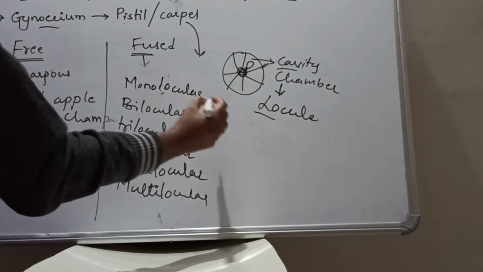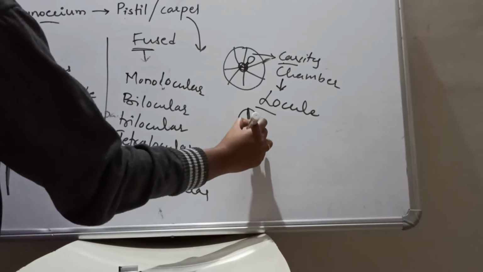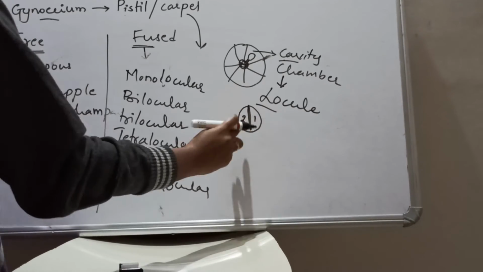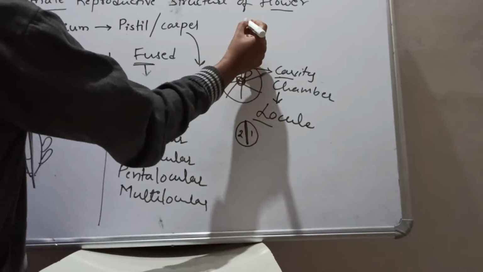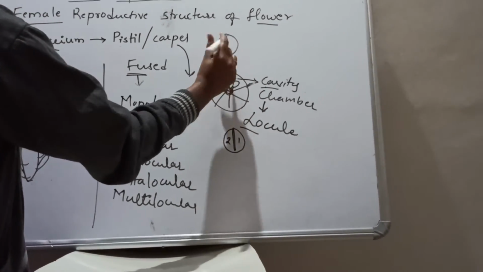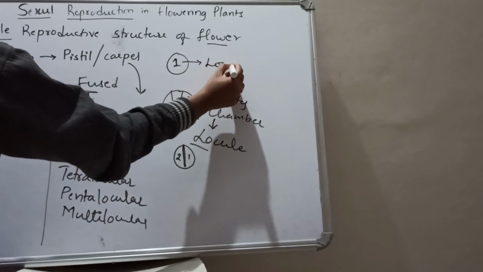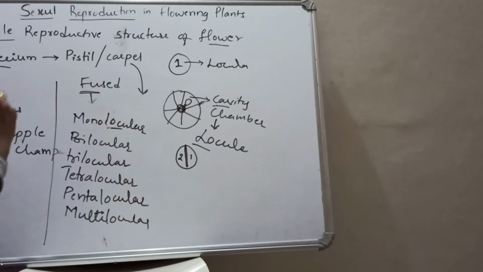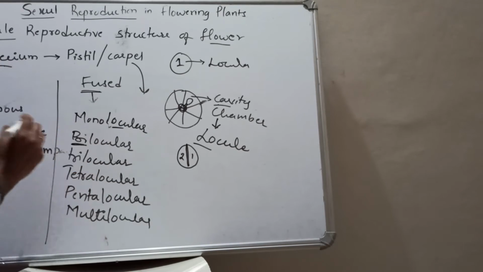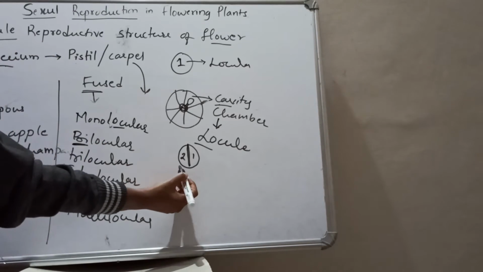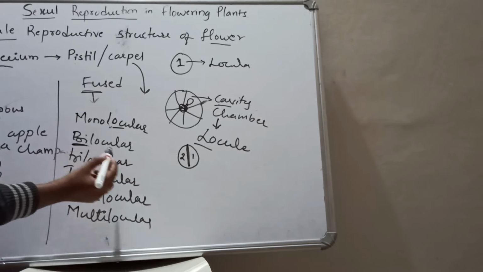If the carpel has one locule, it means only one chamber, and that is called monolocular. For example, pea and beans. If the carpel has two locules, that is called bilocular.